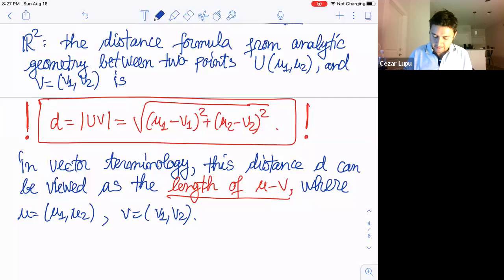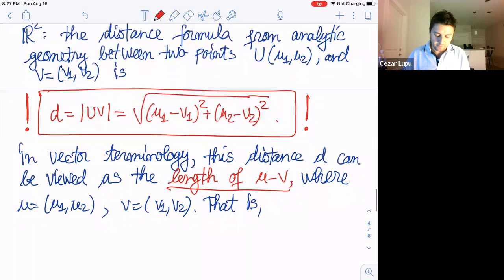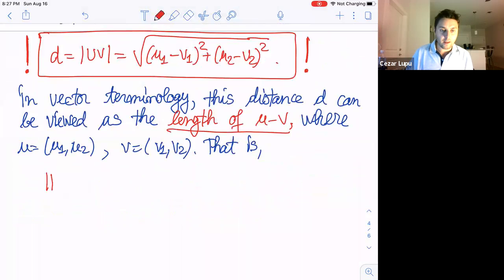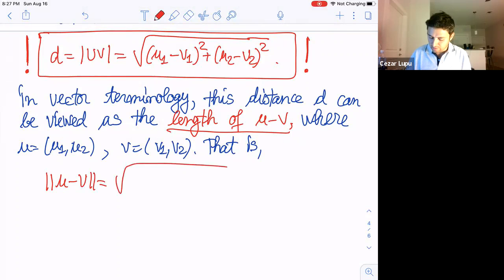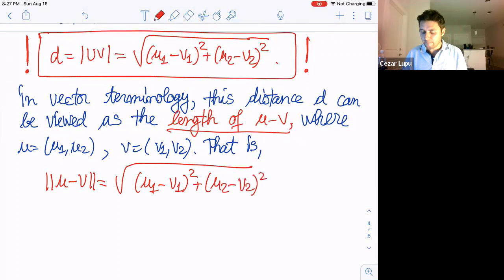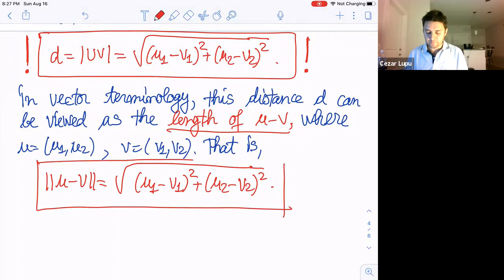In other words, the length of u minus v is nothing else than just the square root, the formula above, (u1 minus v1) squared plus (u2 minus v2) squared. This is how we compute the distance of two vectors in R2, right? It's the same as the formula above.